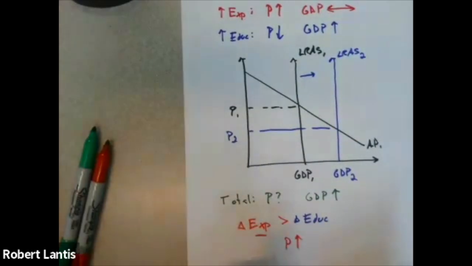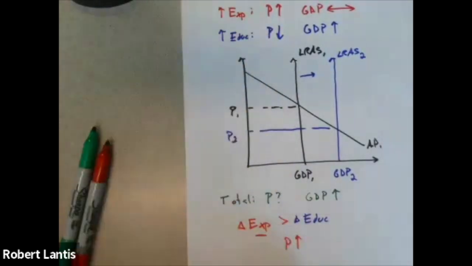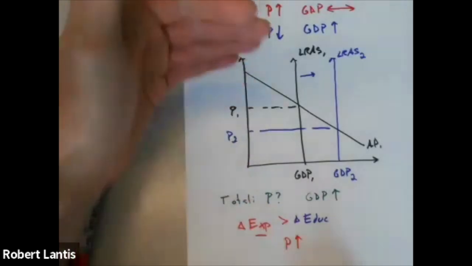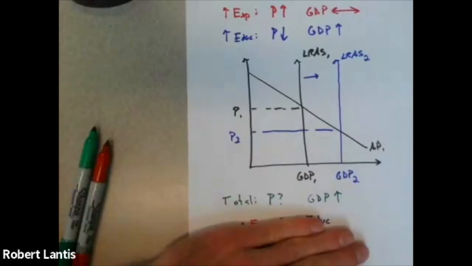If the reverse was true, then education change would dominate, and we would see the long run price go down. That wasn't in that problem, but if I told you which of these effects was larger, you could tell me what happens to the equilibrium price. If I don't, the answer is indeterminate.